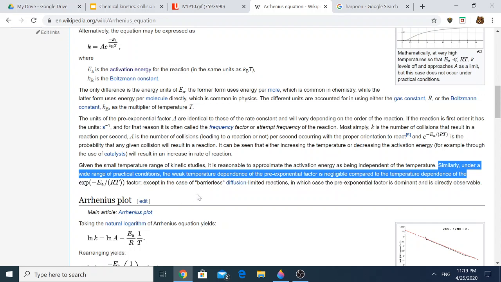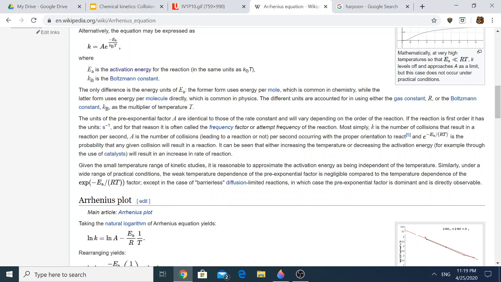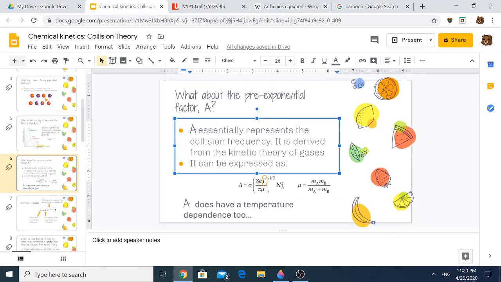Other than in the case of barrierless diffusion limited reactions, which I will discuss in the next part of the presentation, which will not be covered today. So it turns out that my assumption in many of my calculations, which just ignored the temperature dependence of A, may not actually be wrong, right? So let's move on.